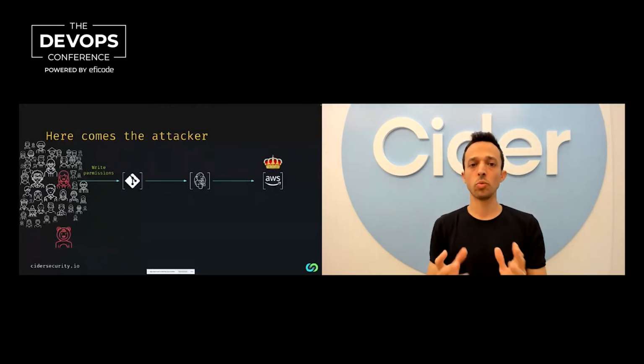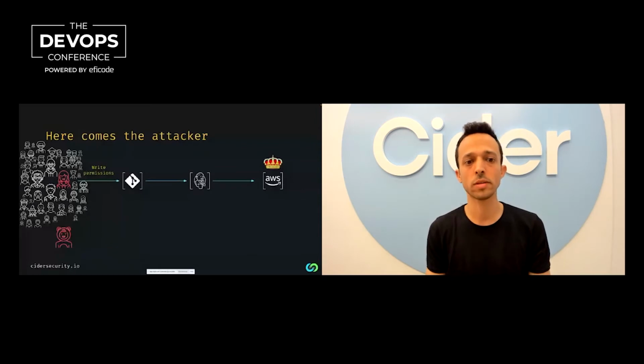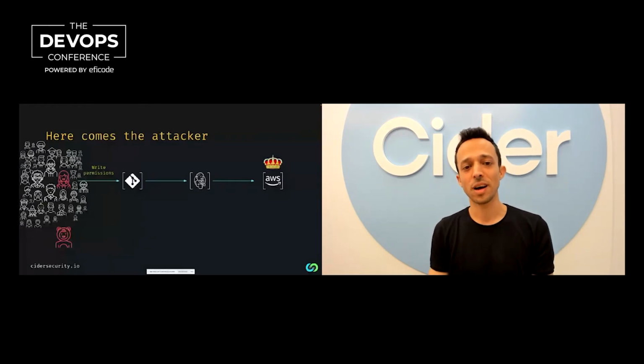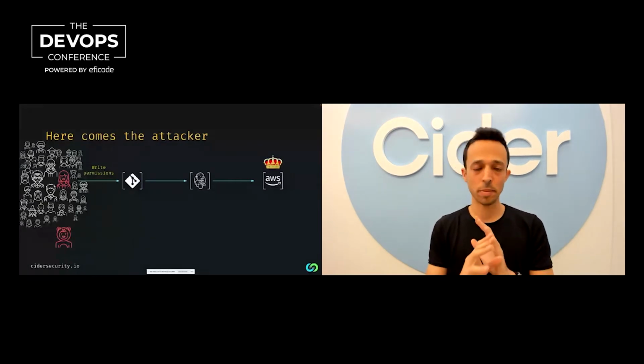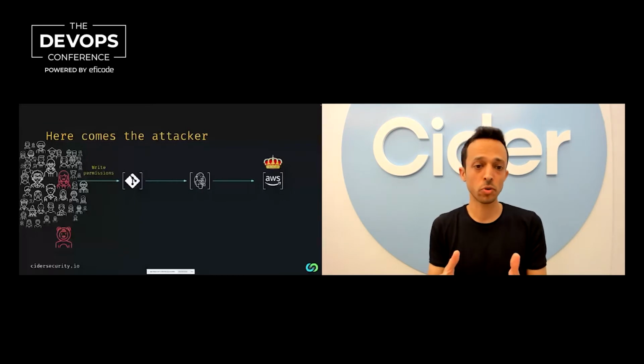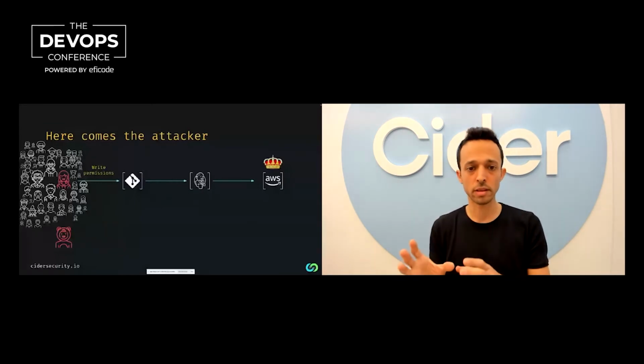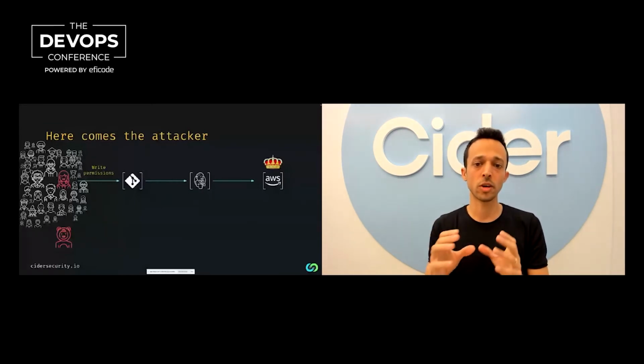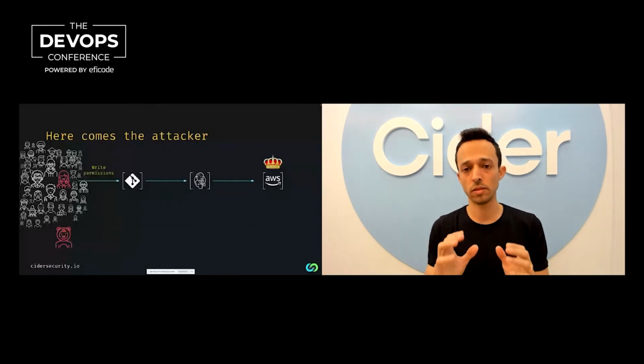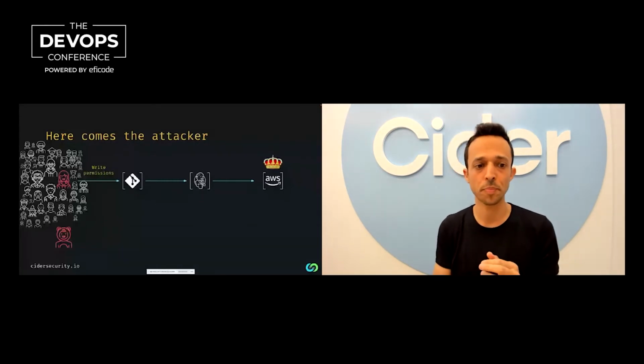Now, in this talk, we won't focus on how attackers can compromise developers' accounts. That's a topic for another talk. I can talk hours about that. Now, the important thing is that it happens all the time. And our focus today is on the possibilities of the attackers once they compromise a user account in the source control management system.